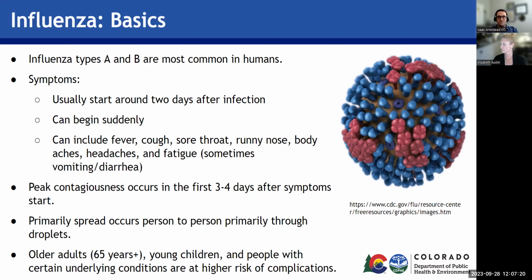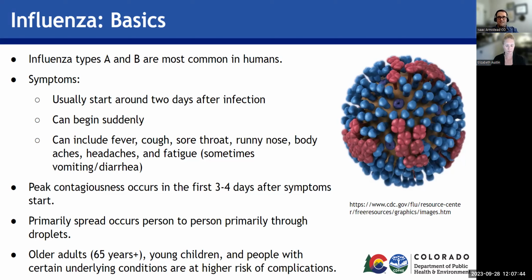The symptoms of influenza illness are familiar to many of us and can have a variety of presentations. But in general, symptoms typically start about 2 days after an infection has taken place. The symptoms can come on suddenly, in contrast to other respiratory viruses.